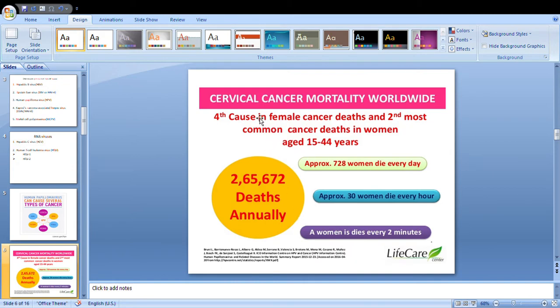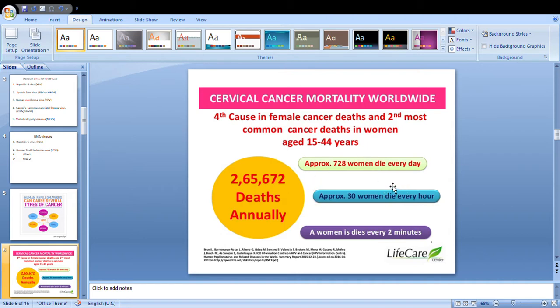The human papilloma virus causes cervical cancer. It is the common cause of cervical cancer worldwide, and in females it is the fourth most common cancer, and the second most common cancer among females aged 15 to 44 years. Here is the statistics.